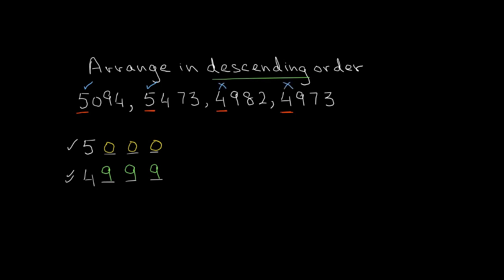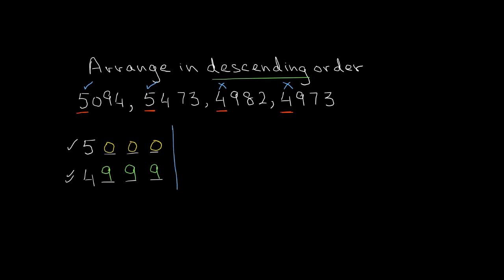Because they start with a 5 and they can't be smaller than 5,000, whereas the two numbers that start with a 4 can't be bigger than 4,999. So now we already know that the largest number has to be one of these two numbers, right? So it's either 5,094 or 5,473. So now we have to think about which out of these numbers is the largest number.